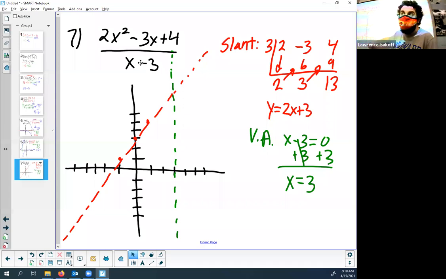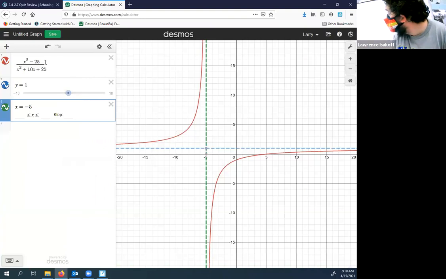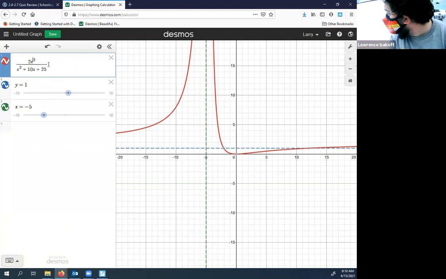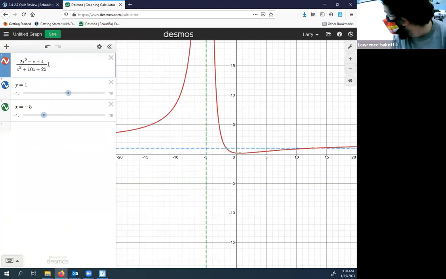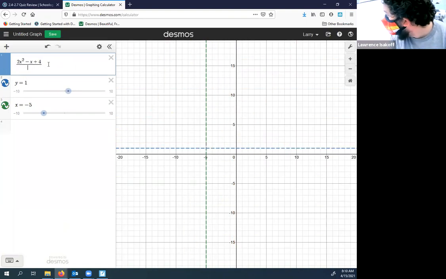Do I have my two little acute slivers, or do I have my two big, like, obtuse angles? So I'm just going to use Desmos to tell me. So this was 2x squared minus 3x plus 4, and then the denominator. Whoop, thank you. Good catch.